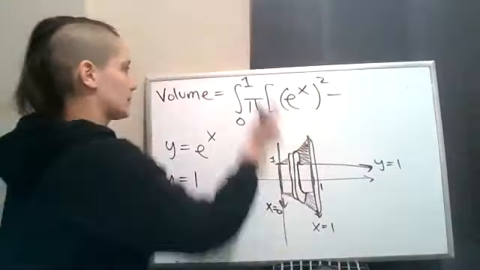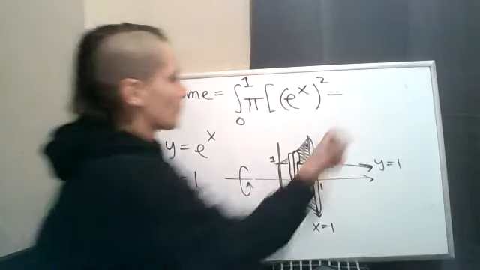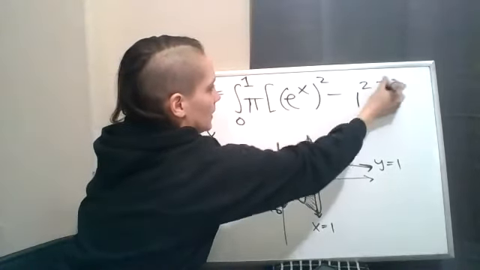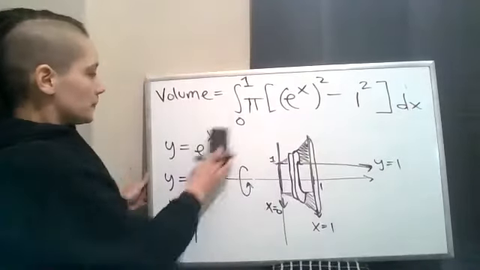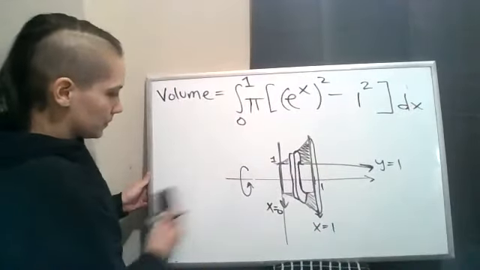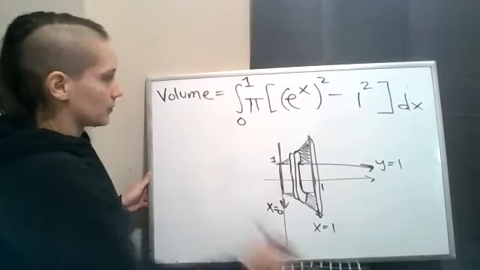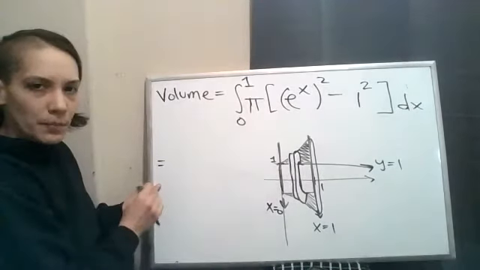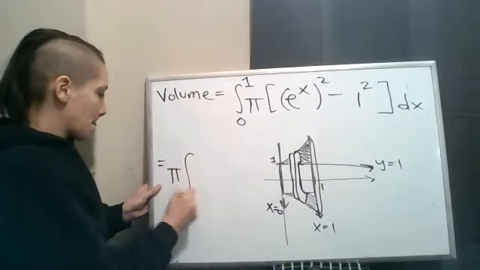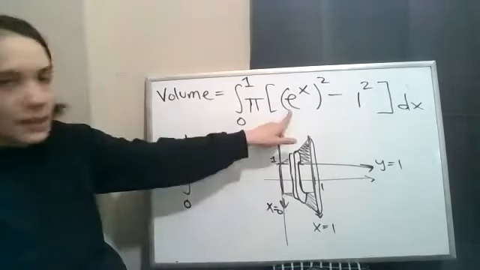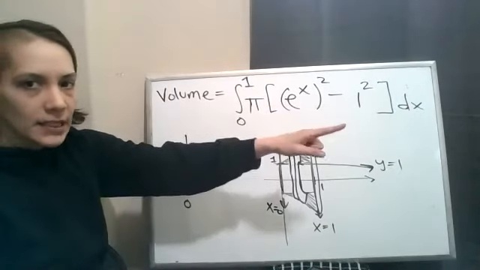And then the inner radius goes to 1, y equals 1, dx. So it'd be pi times the integral from 0 to 1 of e to the 2x minus 1 dx.